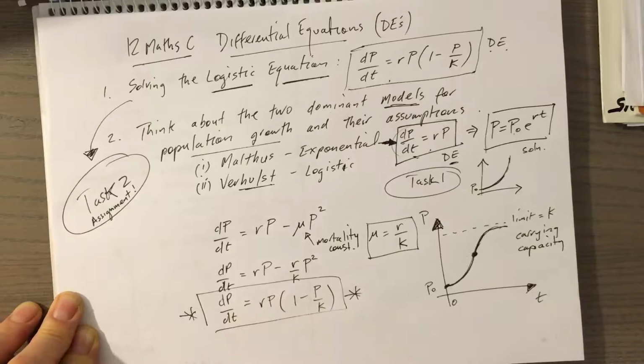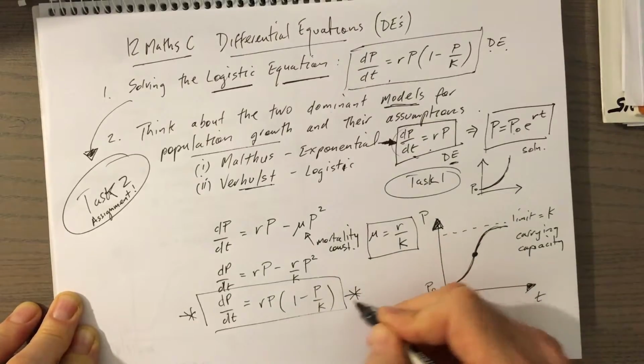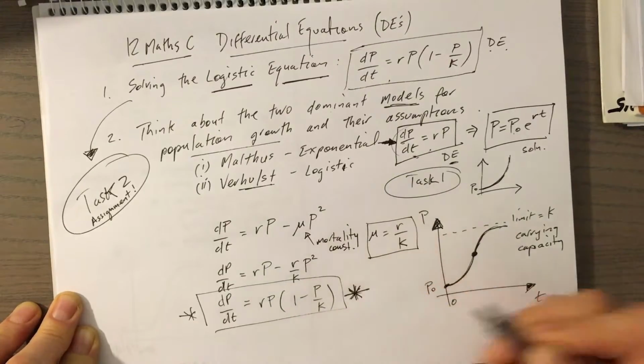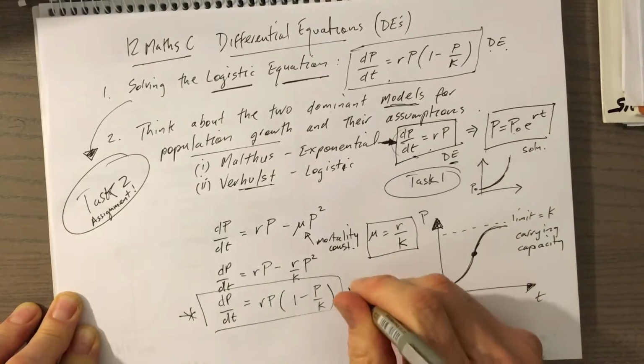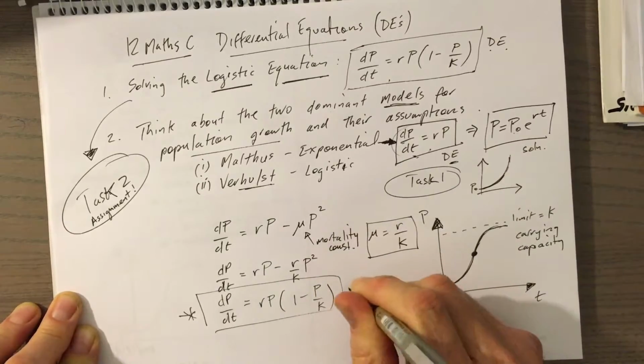So if I just have a quick squiz over now at the task sheet, I can see, yes, task 2, we have this exact equation here, which is labelled with an asterisk, and that's the one you have to solve. Okay, that's the one you have to solve.